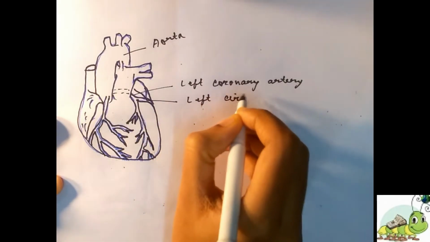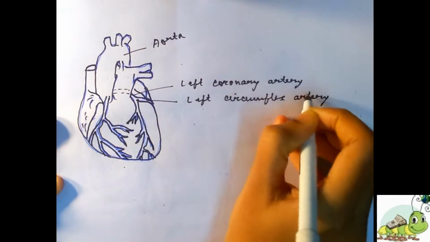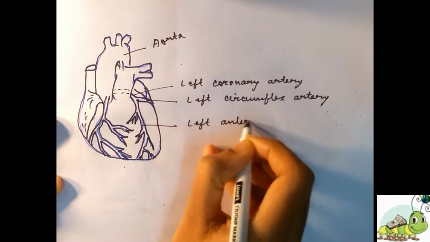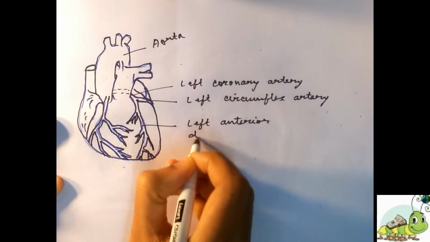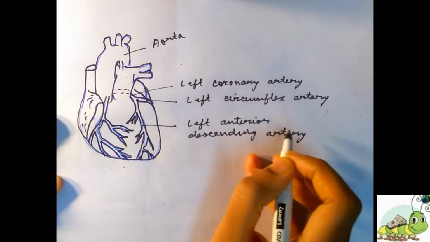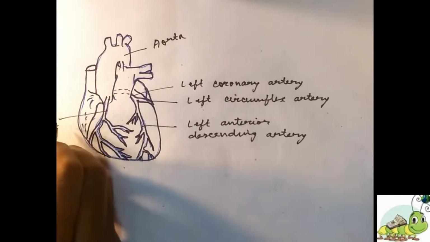The LCA also gives off the left marginal artery, LMA, and the left circumflex artery, CX. In 20 to 25% of individuals, the left circumflex artery contributes to the posterior interventricular artery, PLV.